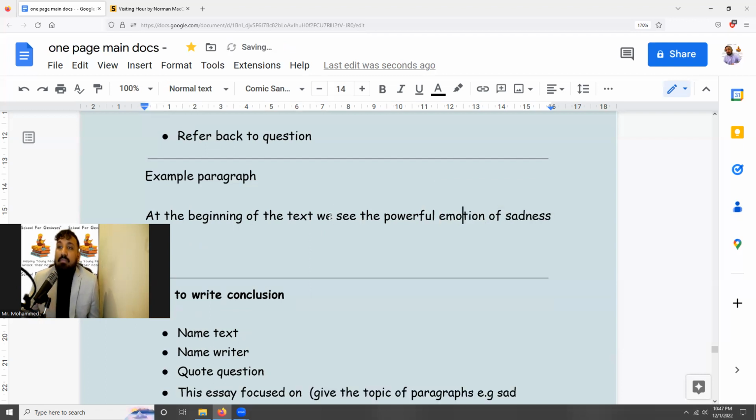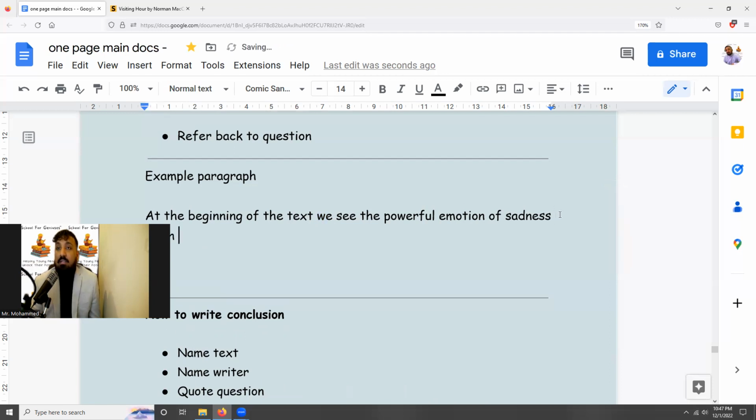If you don't want to say we, you can just say the beginning of the text demonstrates the powerful emotion of sadness. At the beginning of the text, we see the powerful emotion of sadness. And then we give the topic of the paragraph, sadness, when the speaker describes entering the hospital. There's the topic of the sentence.